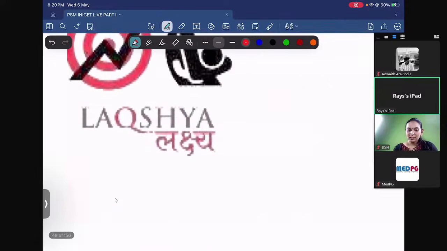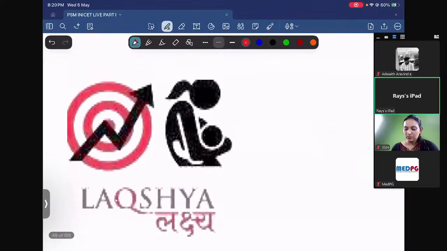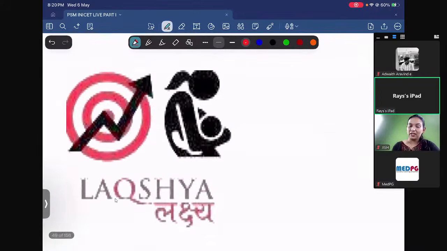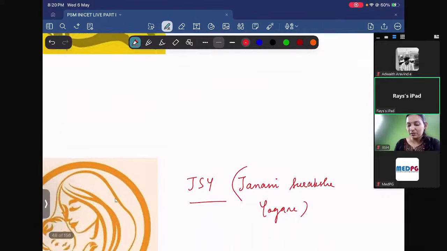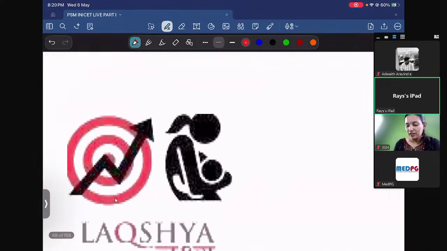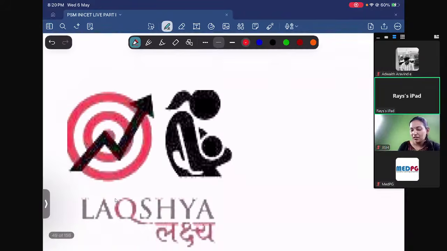Now, what is this? You see another logo here. This is Lakshya, the black Kali Ma and the baby is for Lakshya. So yellow, remember, for JSSK, then we had the orange mother and baby for JSY. Now coming to the Lakshya, you have a target also there, the bullseye. And you see a Q here. Q is for quality.